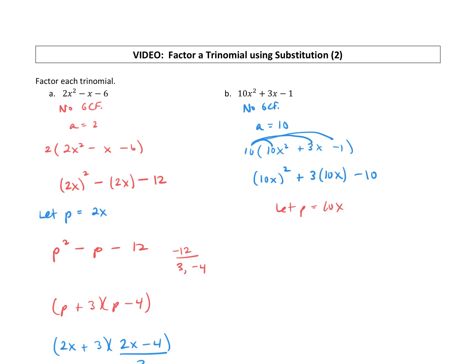Replace your 10x's with your p. So that gives us p squared plus 3p minus 10. Now we can factor it. Do we have factors of negative 10 that add up to positive 3? That's going to be a negative 2, positive 5. So we go ahead and factor. We have p minus 2 times p plus 5.